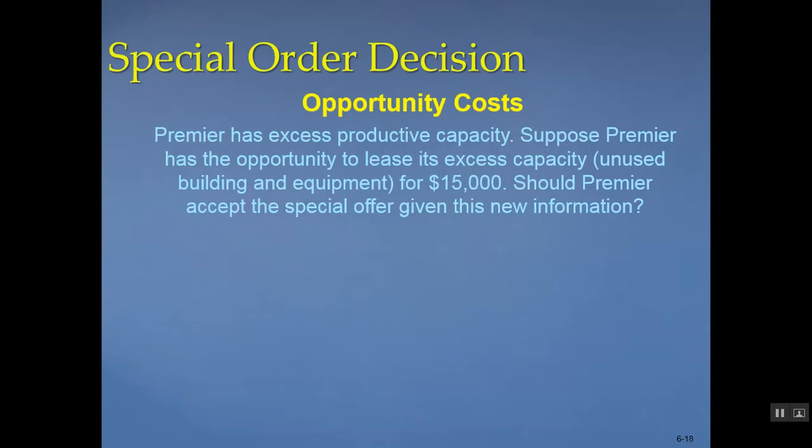We know that Premier has excess productive capacity. Assume that Premier has the opportunity to lease its excess building space and equipment for $15,000. Now would you accept the special offer? The $15,000 is an example of an opportunity cost. If we do the special order, we can't lease out the space for $15,000.